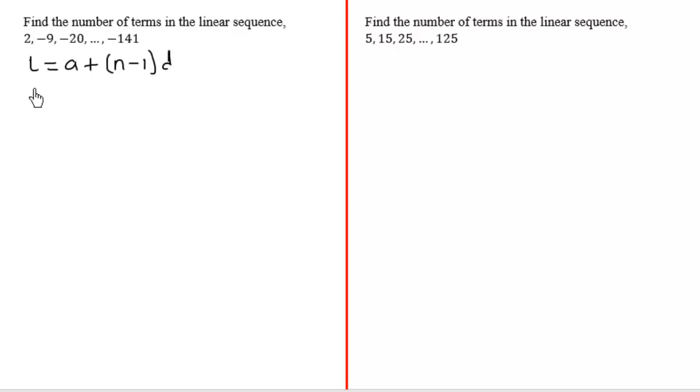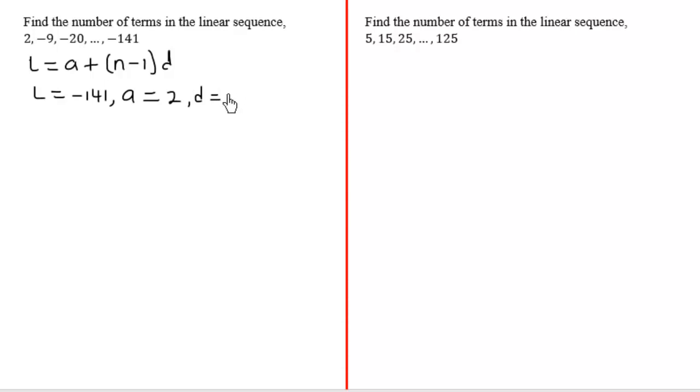So we can see that in this sequence, L is the last term. It is given as -141. Alright, A, the first term in the sequence, is 2. And then the common difference D can be found between the first term and the second term.